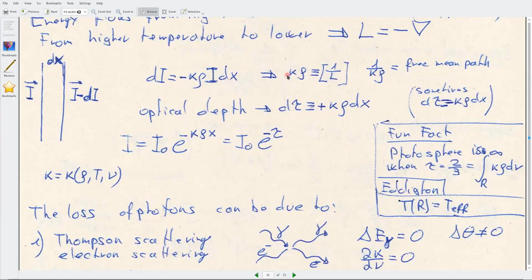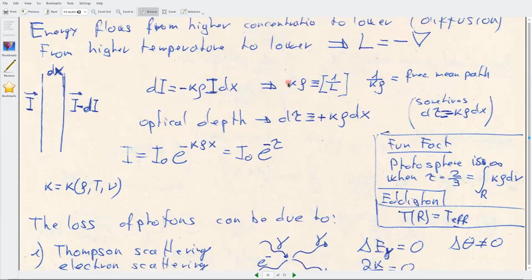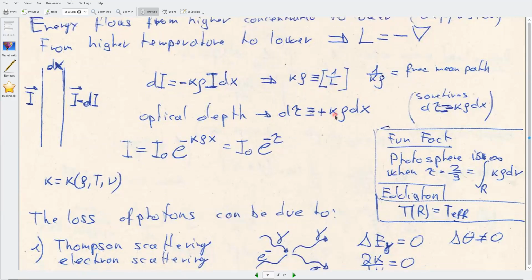I didn't write it here, but when you see the opacity by the density, it is the opposite of a length, so it is inverse. In fact, it is the free mean path of the photons. So you see that the opacity is like a surface divided by mass. It's something strange.